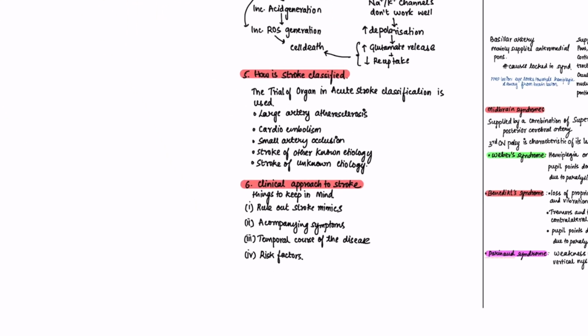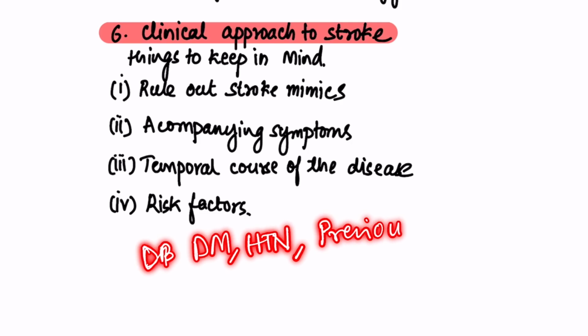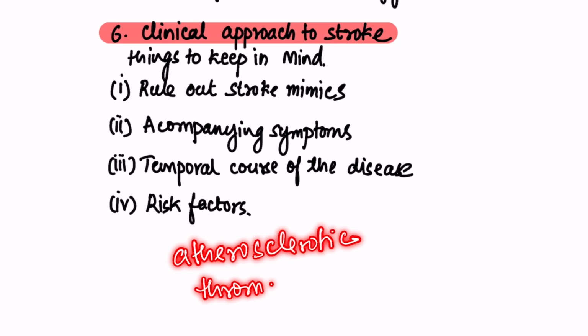Or if you take risk factors such as diabetes, hypertension, and previous TIAs, etc., we can think that the person is already suffering from some hypercoagulable state, and thereby you can think of atherosclerotic or thrombotic causes of ischemic stroke.